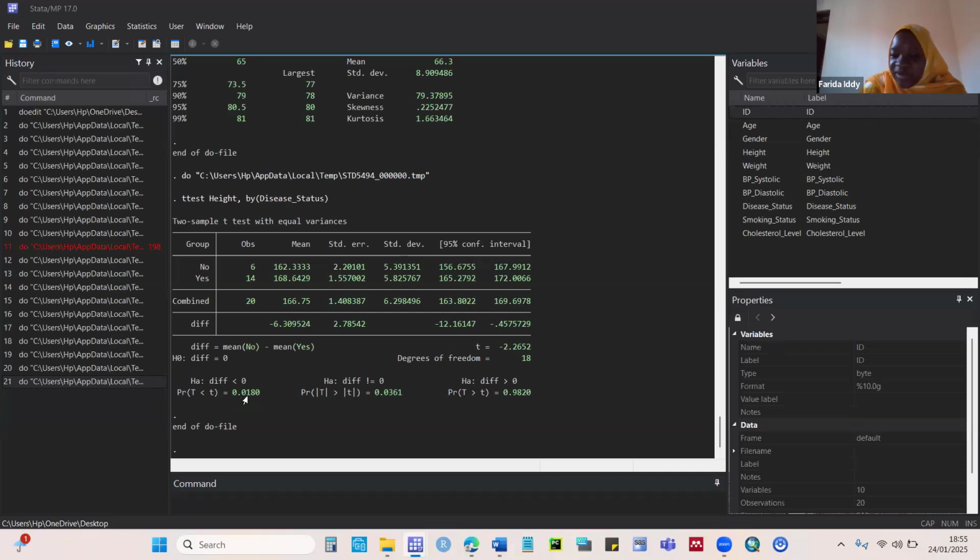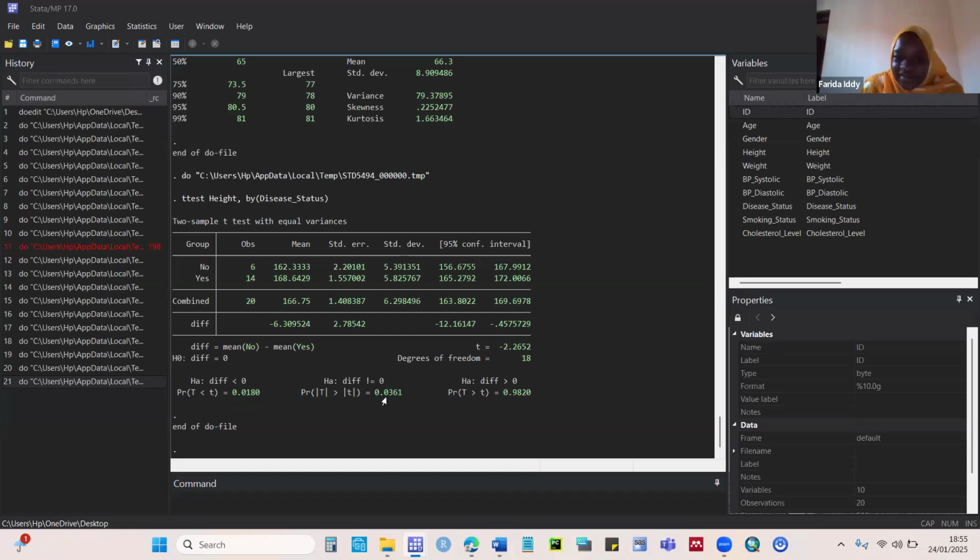It is 0.0180. So we can say there is a significant difference between the two means in height between those who are diseased and those who are not diseased.